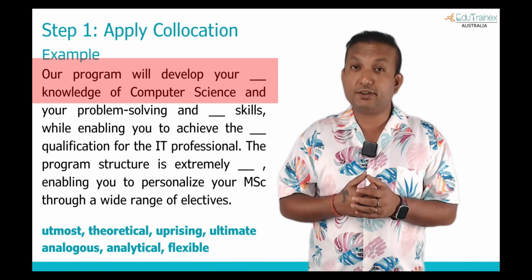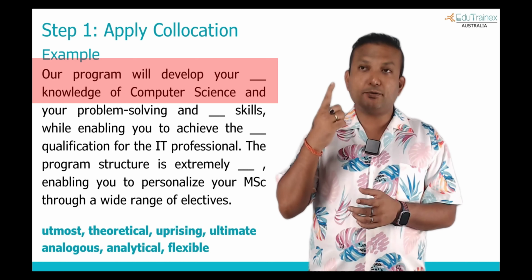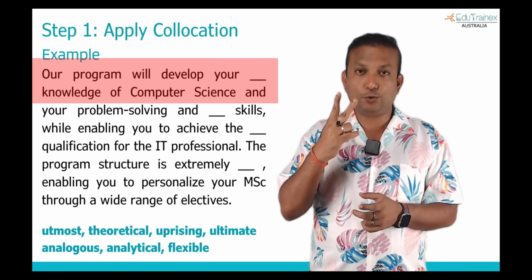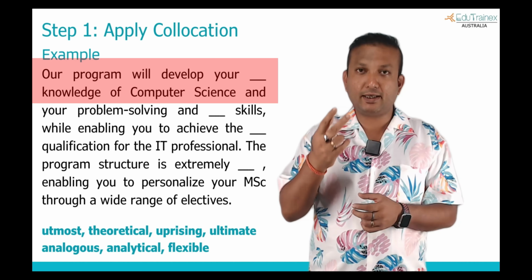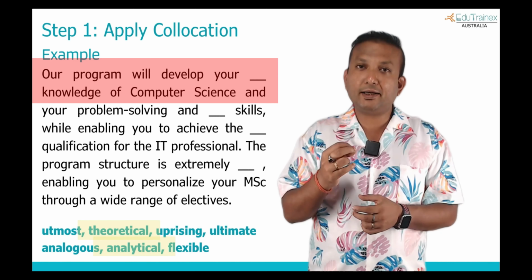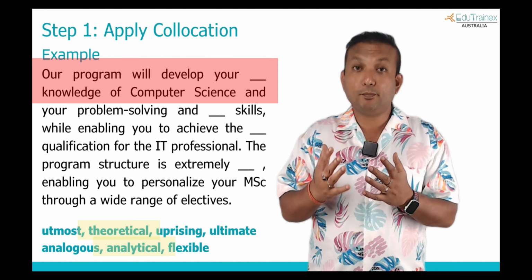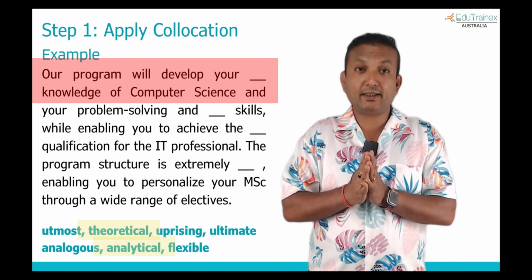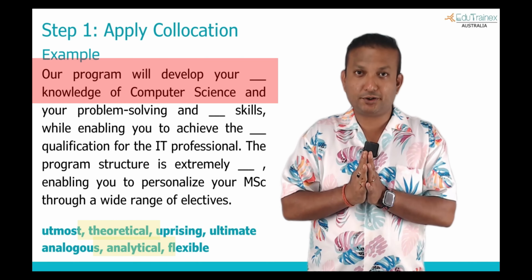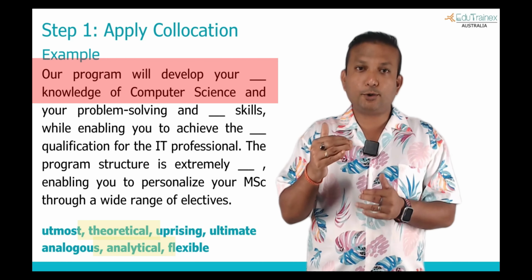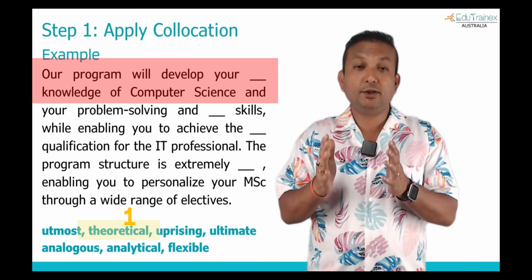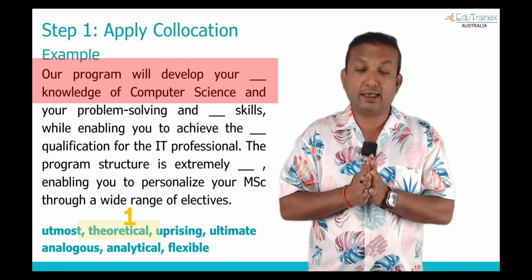If your collocations are strong, you will straight away pick either theoretical or analytical. But for analytical, you will think that there are other collocations that are more meaningful, and analytical knowledge is not the correct usage, not the correct collocation. So theoretical knowledge is the correct one. You can straight away pick that word as the answer.